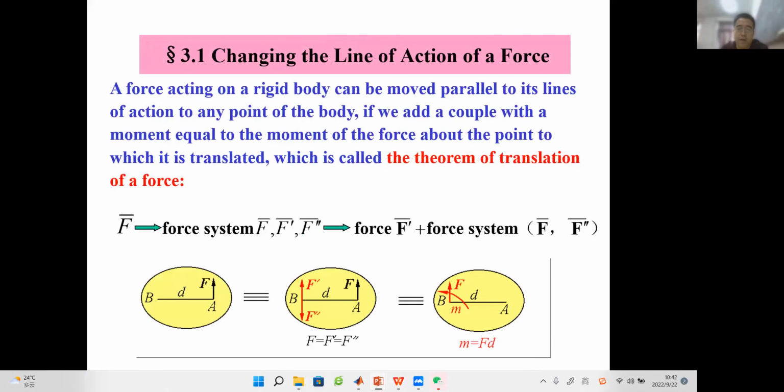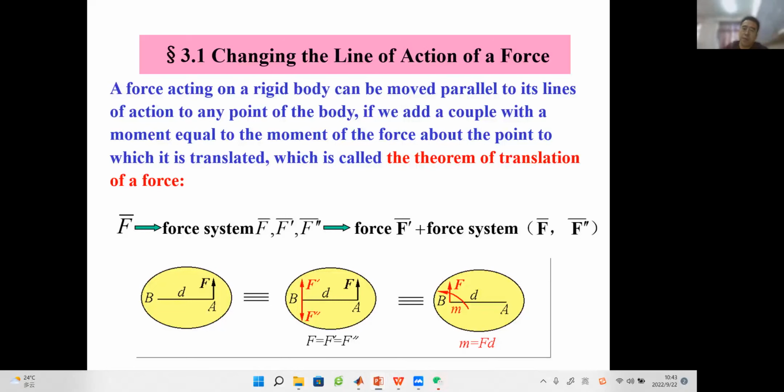We have a very important principle, a theorem: a force acting on a rigid body can be moved parallel to its line of action to any point of the body. The first thing we should think about is why we should move a force from its original action point to another point.